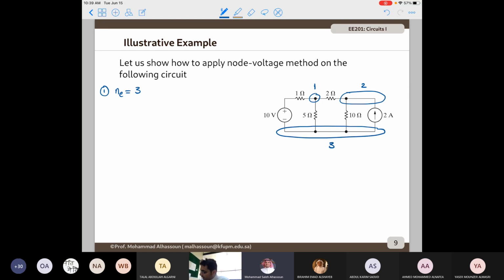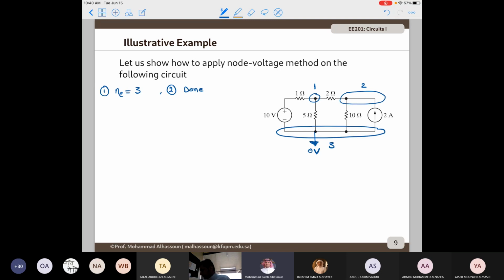So clearly node 3, and I'm setting this one to 0 volts. I'm done with the second step.